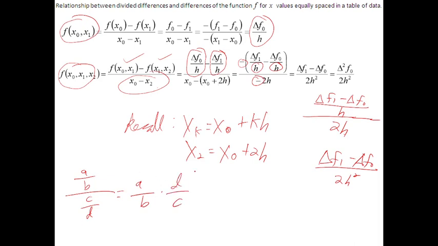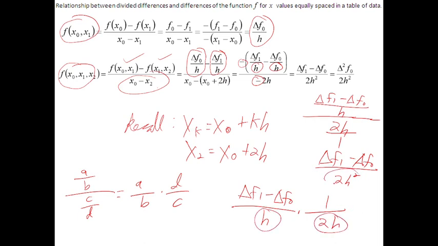So 2h over 1 becomes delta f1 minus delta f0 over h times the reciprocal 1 over 2h. So h times 2h is 2h squared. So that's it. We have now this one.